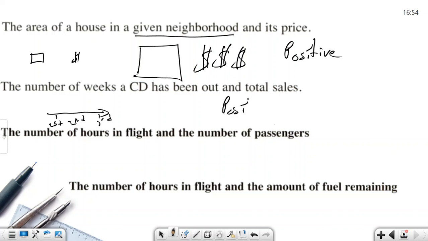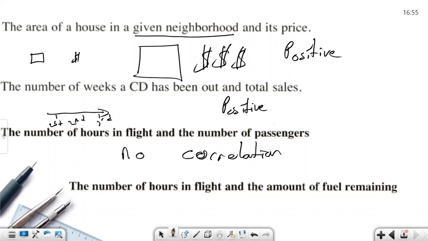So that's positive again. Hours in a flight and the number of passengers. It doesn't matter how long the flight is, whether the distance is longer, it doesn't affect the passengers. There is no relationship between the hours in the flight and the number of passengers. So there is no correlation between these two.